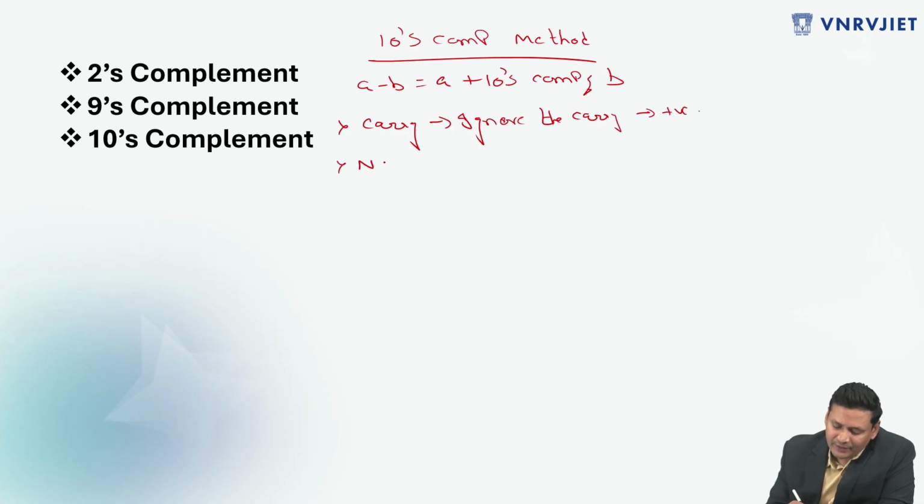Second case, if there is no carry, it indicates that the result is negative, and to find the real value, you have to take the tens complement of the intermediate result.